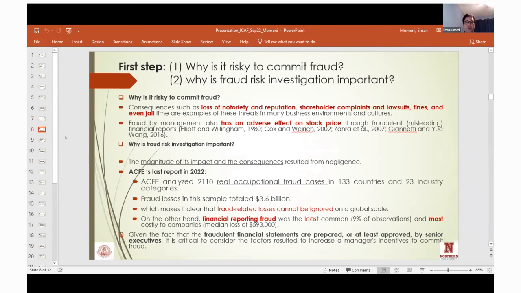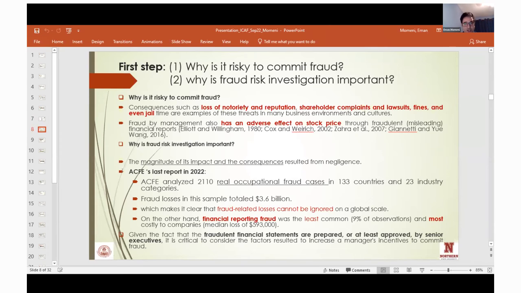To answer the first basic questions, about why it is risky to commit fraud and why fraud risk investigation is important, we need to know that committing fraud affects reputation. Shareholders will complain, lawsuits will come out, there will be fines, even jail, and an adverse effect on the stock price. For the investigation value, we can refer to the Association of Certified Fraud Examiners.